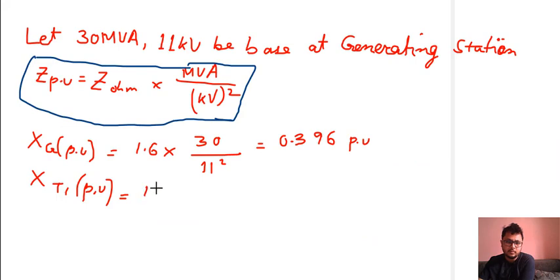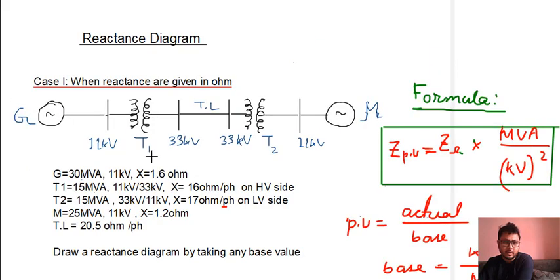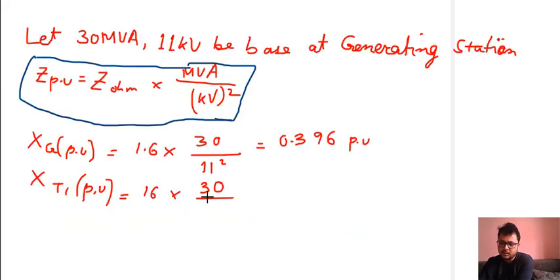So 16 into 30, and kV, where we are calculating, at the high voltage side, the voltage is 33, so we should take 33 square, and we get 0.44 per unit. So students, you have to be very careful in taking this value, this 33, this is very important.